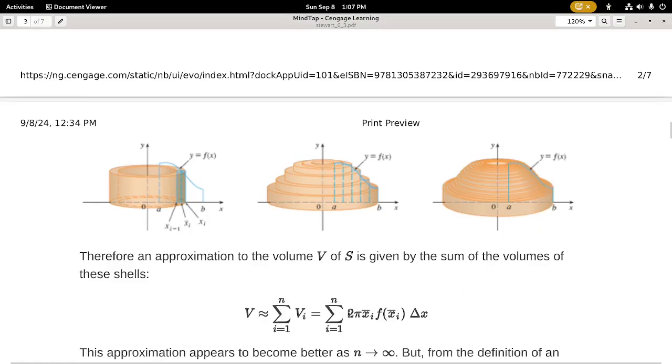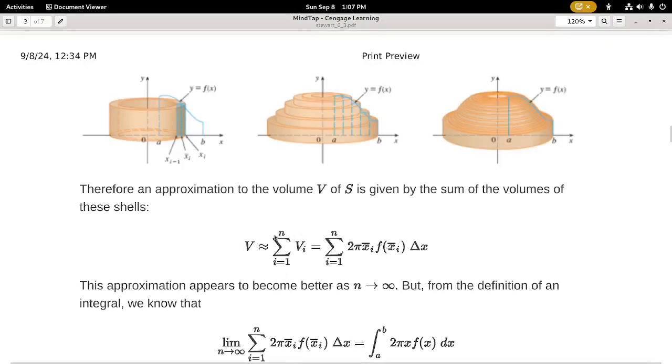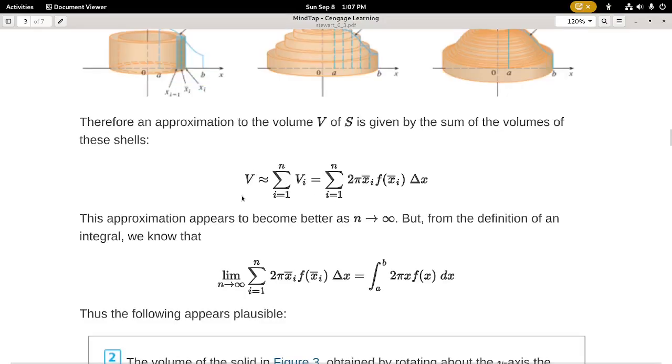That means we let n get larger, and this delta x, because delta x is the difference between two of these points, gets smaller. As we let the number of shells go to infinity and take this limit, the volume becomes exactly this thing.